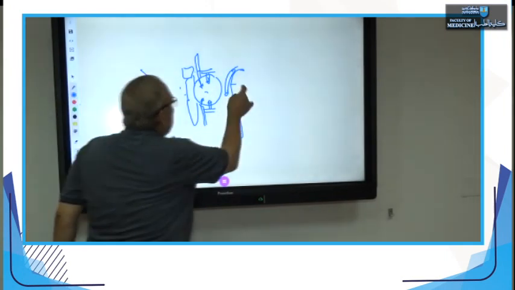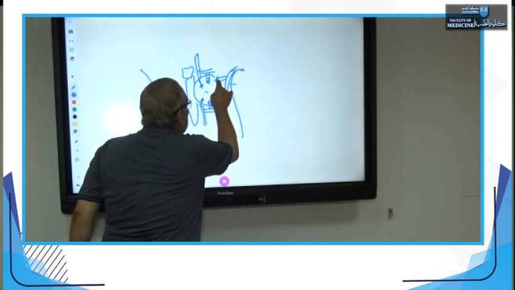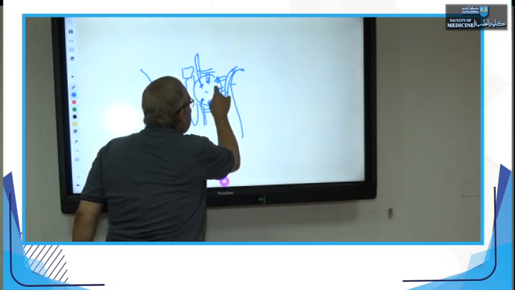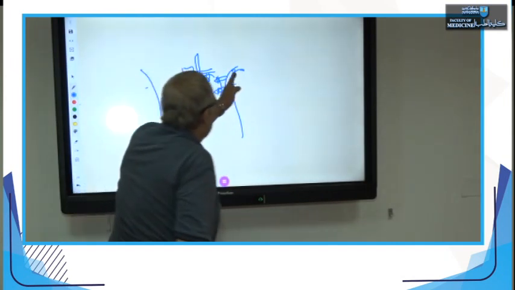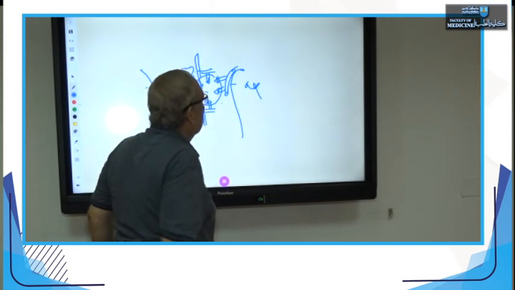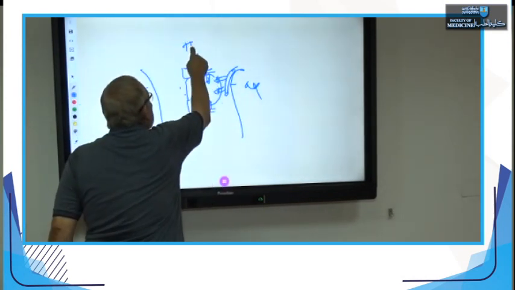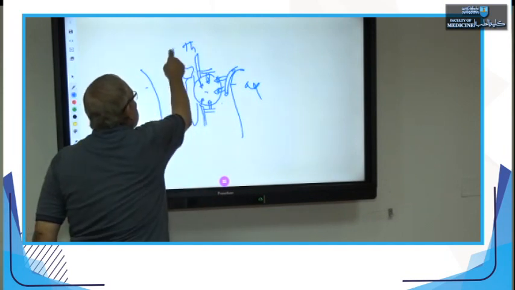Now, the most lateral part will be supplied by the thoracoacromial artery of the axillary and by the lateral thoracic artery of the axillary. So the part near the axilla will be supplied by the axillary. The part near the thorax will be supplied by the internal thoracic artery.